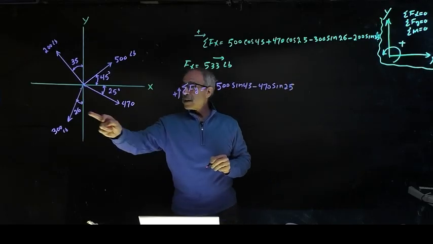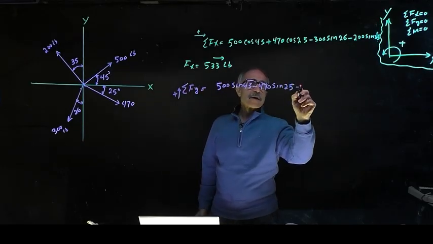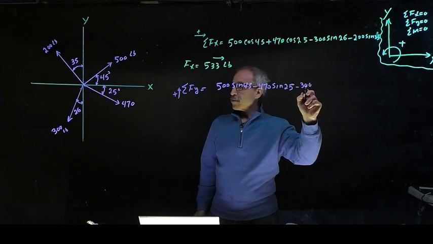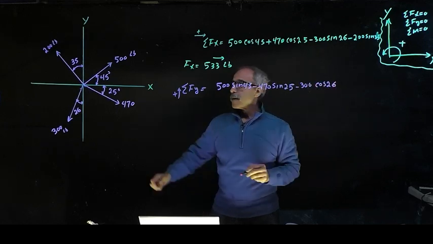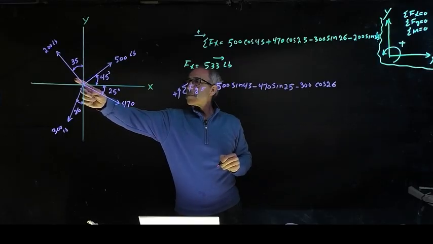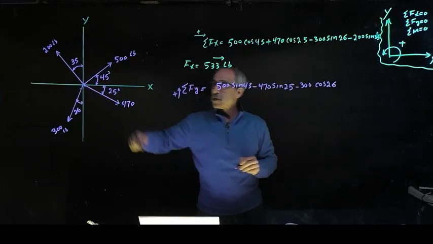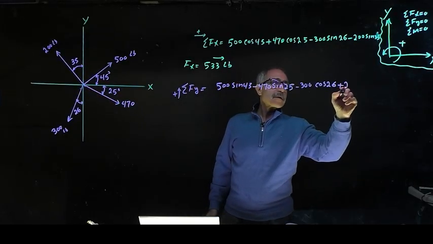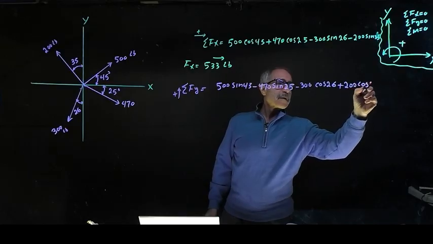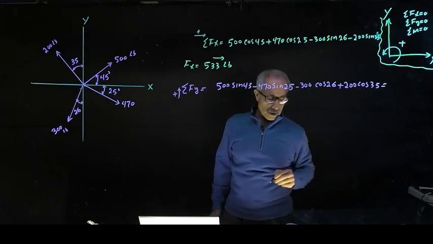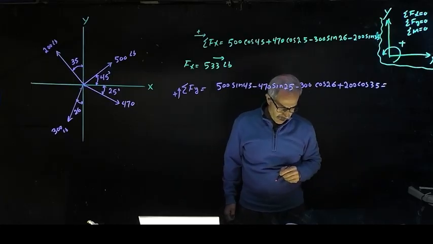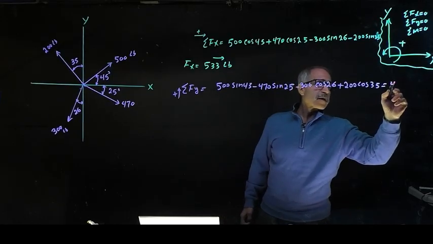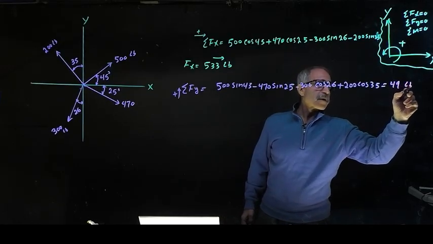And then this one is still going down, minus 300 cosine 26. And then I'm going to have going up, plus 200 cosine 35, which is equal to 49 pounds, and that's going up.